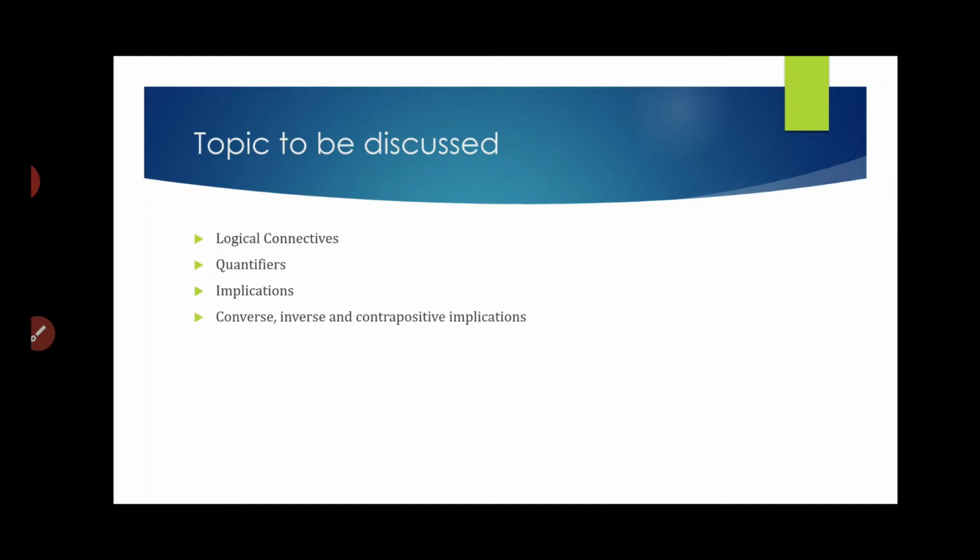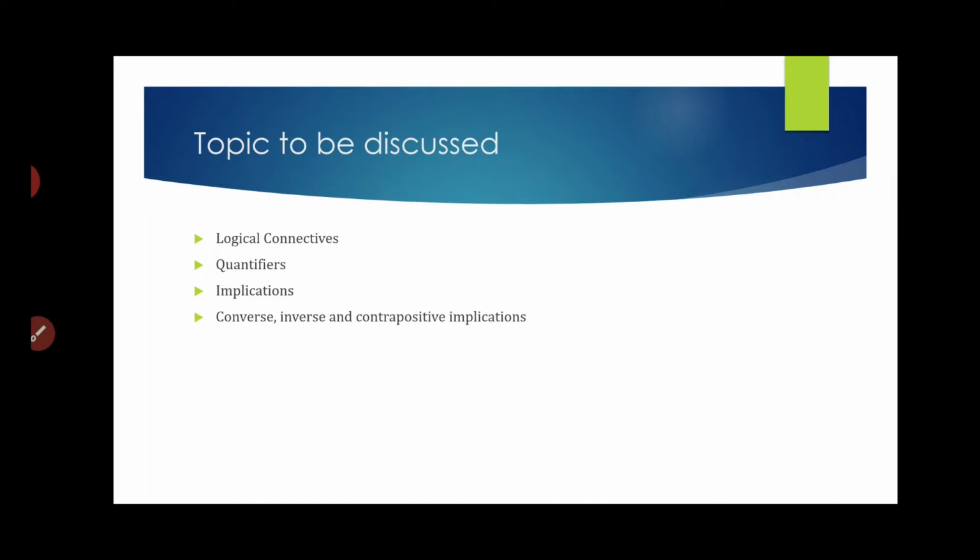So now, logical connectives, as you may remember, or you can just go back to the previous class and check: logical connective means if we have two simple propositions, and we connect them and make a compound proposition, then the connecting words or connectors which are used are called the logical connectives. So we basically have two logical connectives, which are and, or.